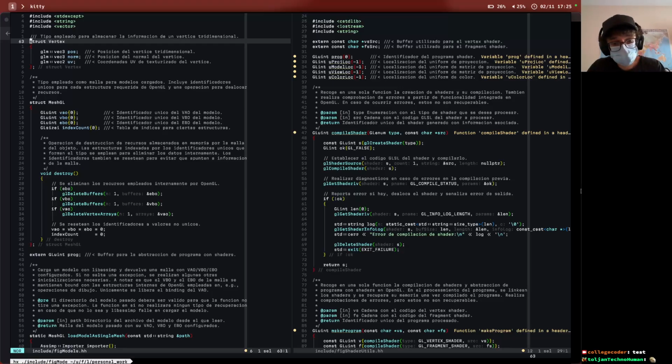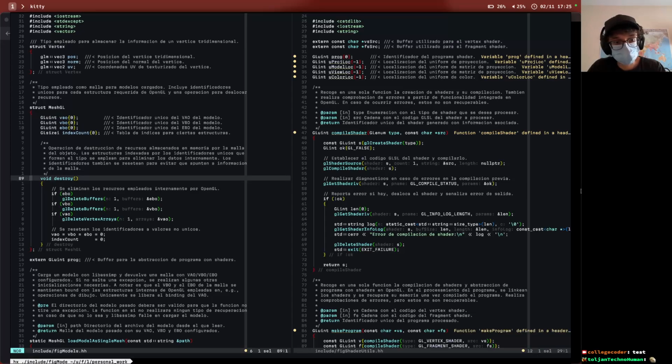Then the destroy call, which is funny because I don't think I've ever seen it used in the entire library. For some reason, I saw that it was there, and I was like, why exactly do we have this here? I don't know why we have this.